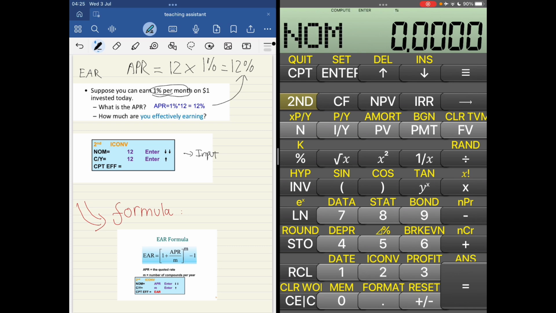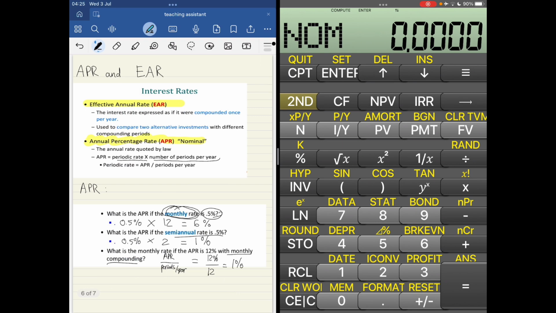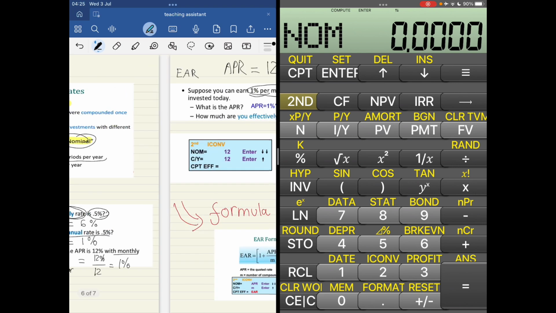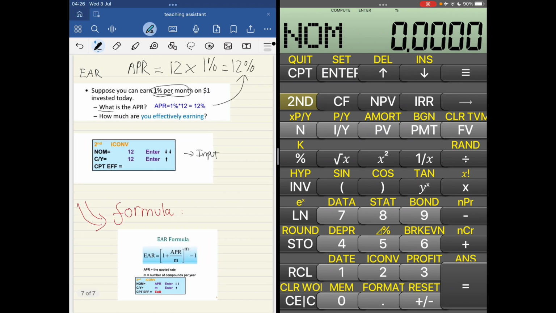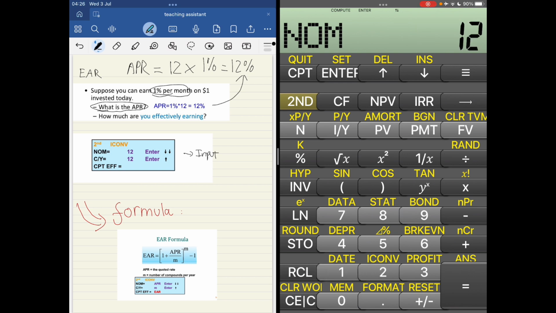Here they ask you what is NOM. NOM stands for nominal interest rate, and if you look at the slide, nominal interest rate is the same thing as APR. In the first question, we calculated the APR. It's 12%. So you press 12, enter, and you go down 2 times.